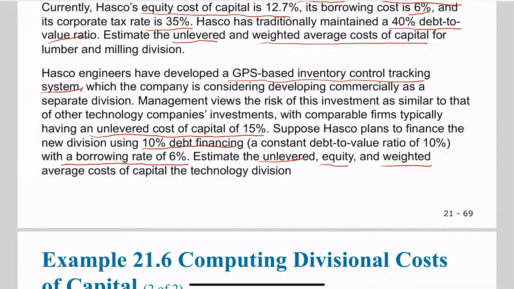So first, as I have emphasized, you can borrow the unlevered cost of capital from other comparable firms, right? And we see that these comparable firms have an unlevered cost of capital of 15%. So now you can see that for this project, we should use 15%. Next, equity. Well, we will use the formula here.